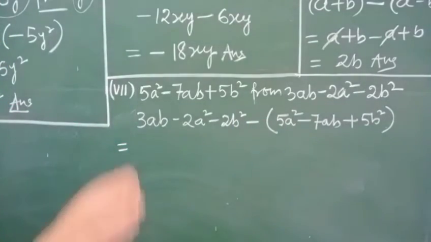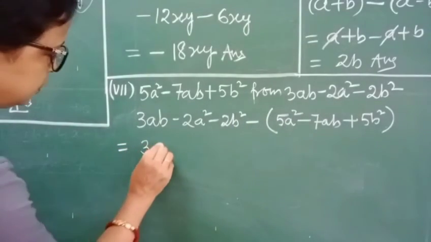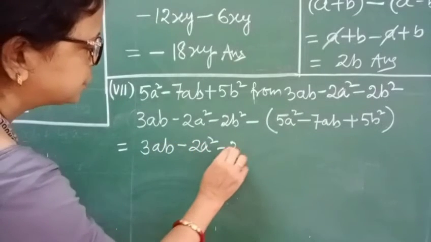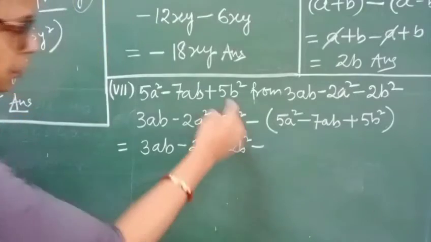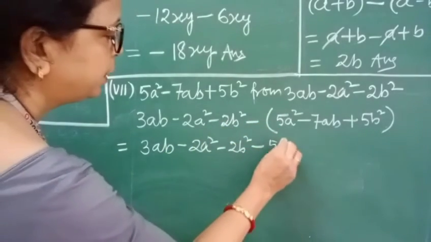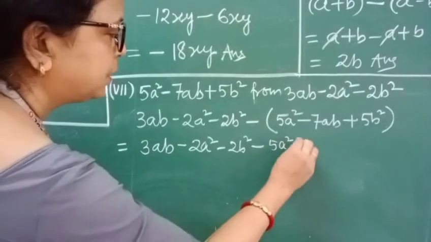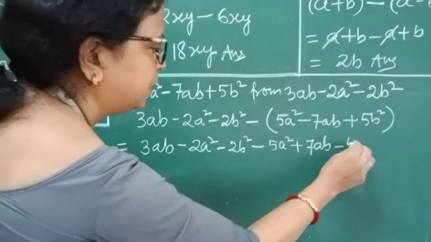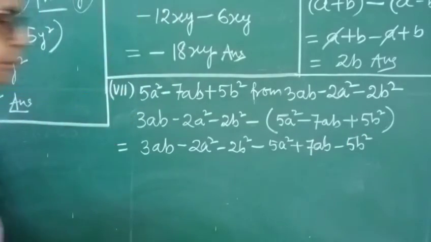To open the bracket, what do you need to do now? 3ab minus 2a square minus 2b square, as it is I have written. Now I need to change the signs: minus 5a square, minus minus 7ab becomes plus 7ab, and minus plus 5b square becomes minus 5b square.